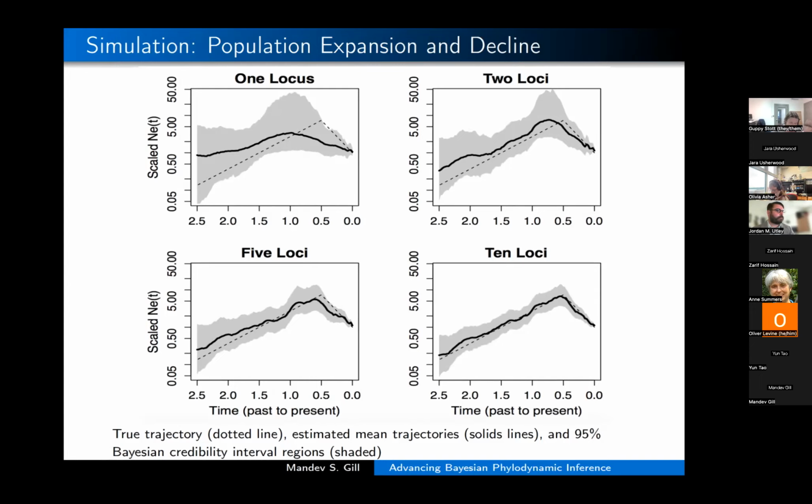And second, where exactly the transition from the increase to the decrease takes place, right? Also, notice that the improvement in inference occurs throughout the population history timeline, but it's most pronounced during the time periods for which we initially, in the one locus case, have relatively imprecise estimates.